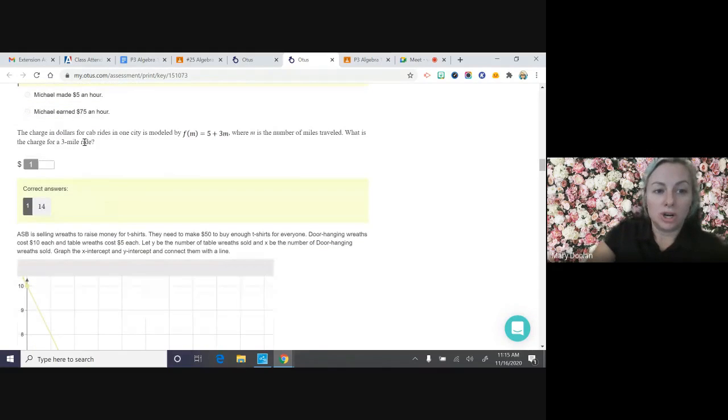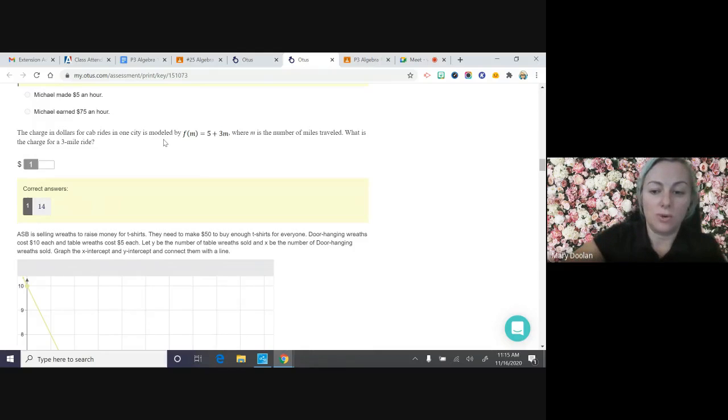This one here, the charge in dollars for cab rides in one city is modeled by f of m equals 5 plus 3m, where m is the number of miles traveled. What is the charge for a 3-mile ride? Well, m is what our 3 is going to be.